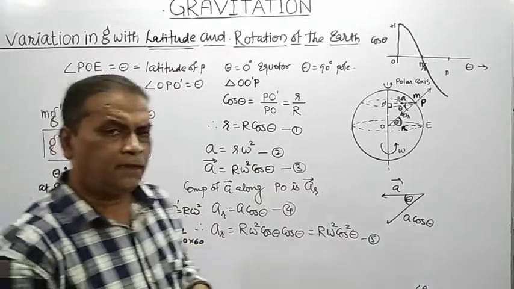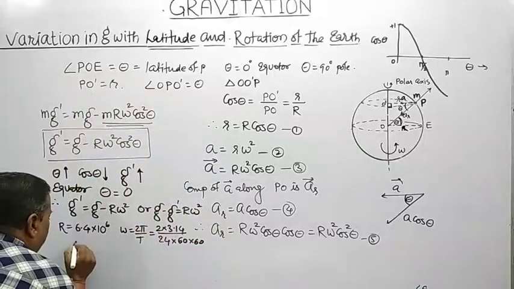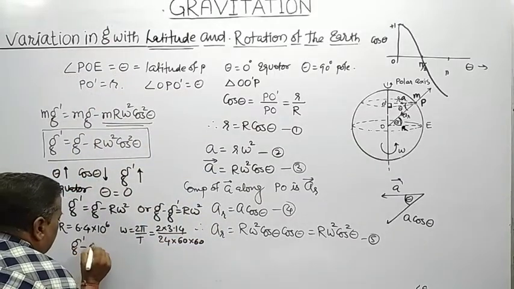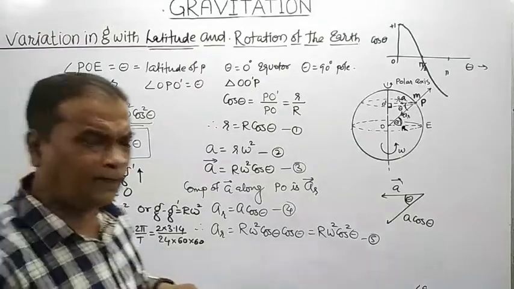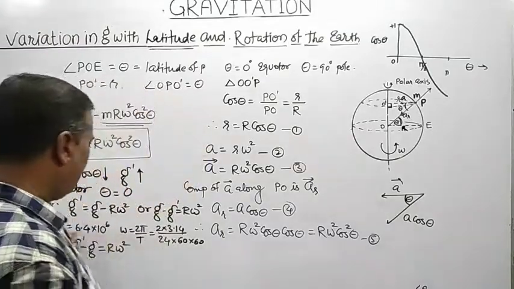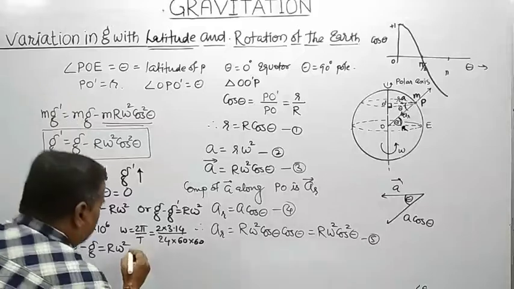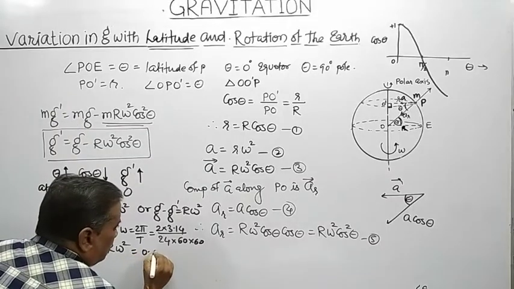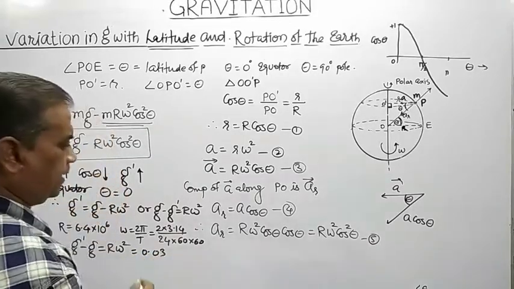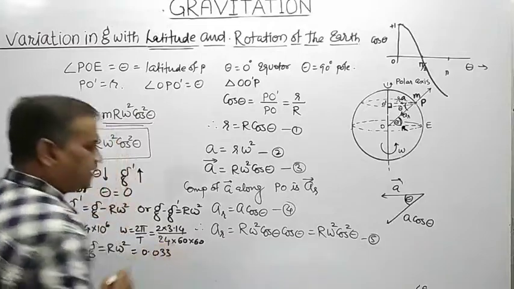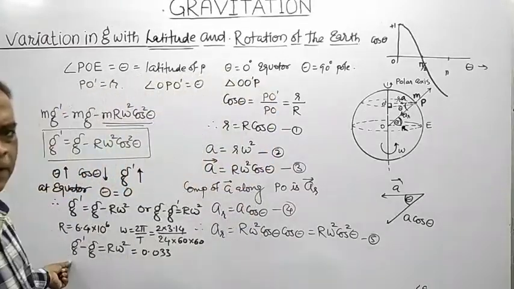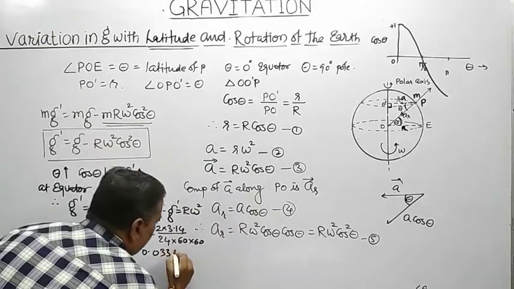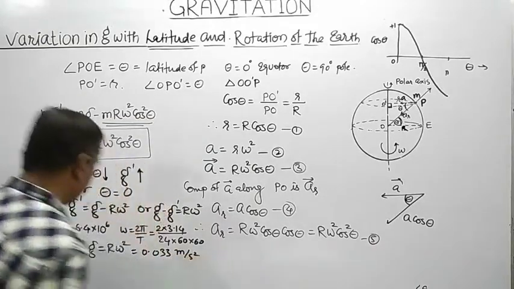If you calculate g minus g dash, which is equal to r omega square, by putting in the values of r and omega square, this difference comes to be roughly 0.033 meter per second square.